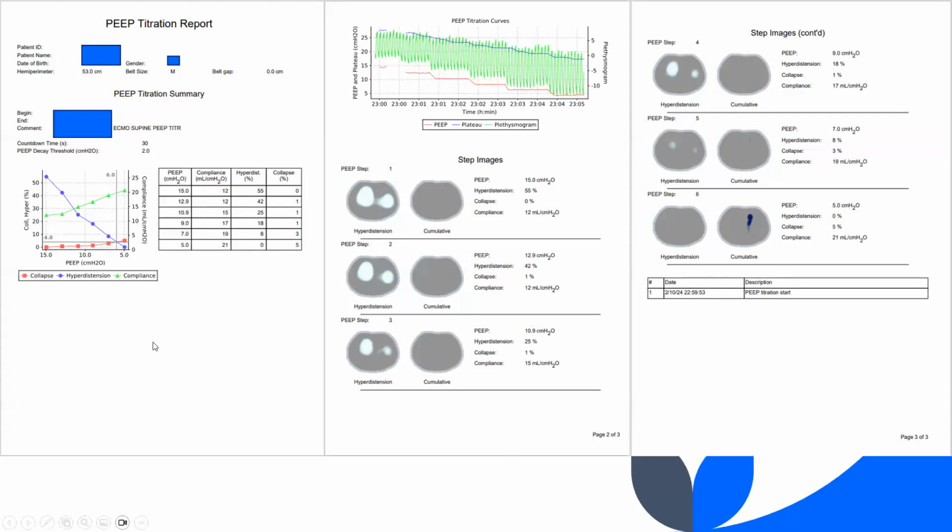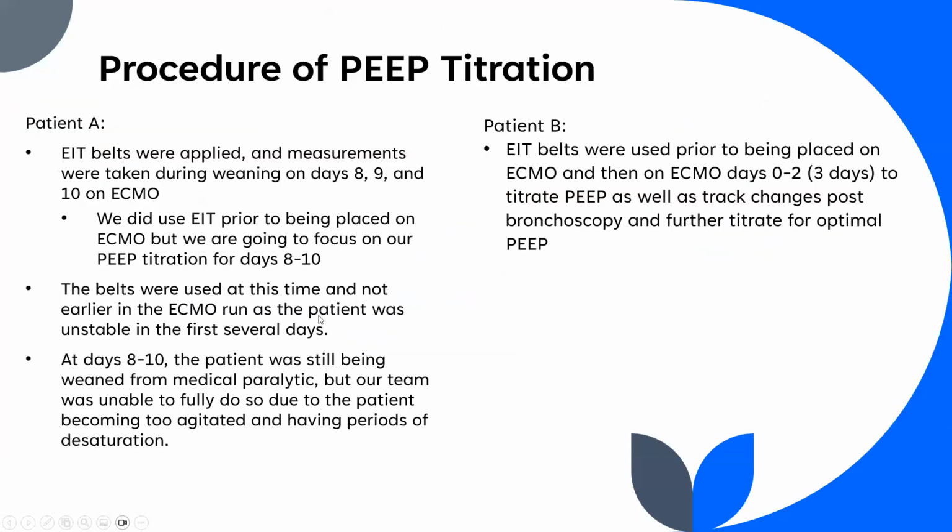What I've done is break down each measurement that we did. I'll show you the graph, the table, and then what's in between those 2 steps, how we ended up making our decision on what PEEP setting we wanted these patients on. But this is what you're going to get whenever you perform a PEEP titration on EIT.